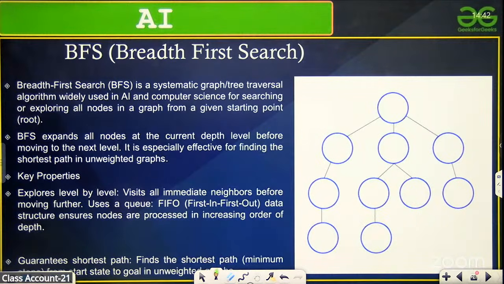Let us start with the first algorithm, breadth first search.